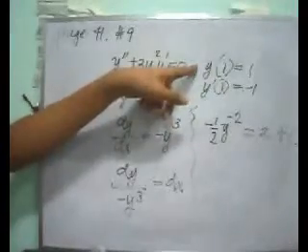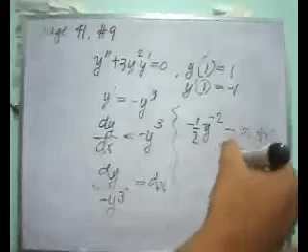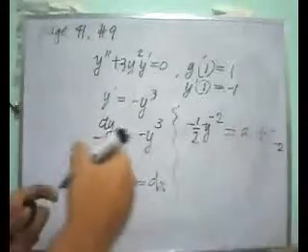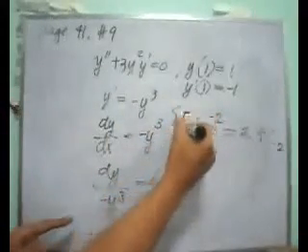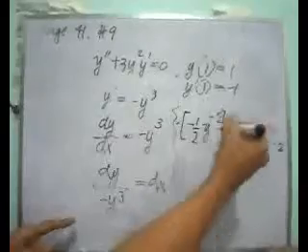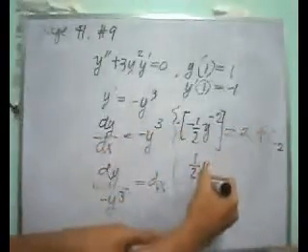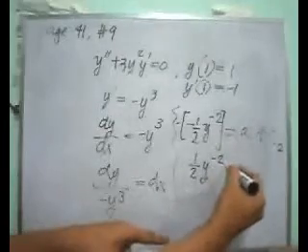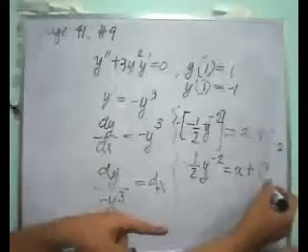Now we have y, okay, we have here this negative and this negative, can be neutralized. So we have 1/2 y to the negative 2 is equal to x plus c2.